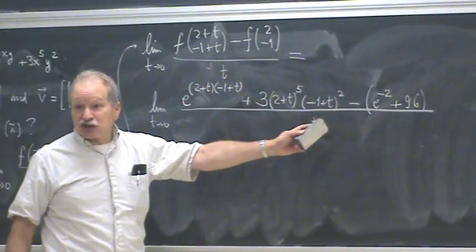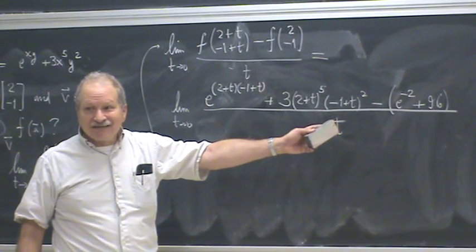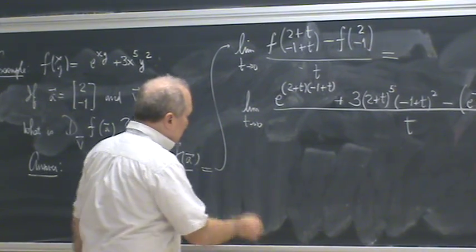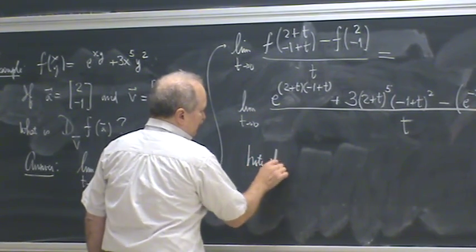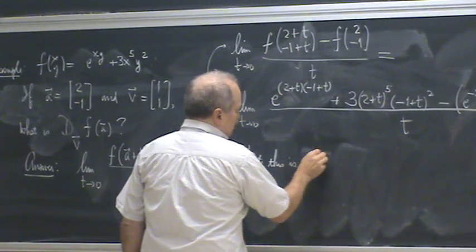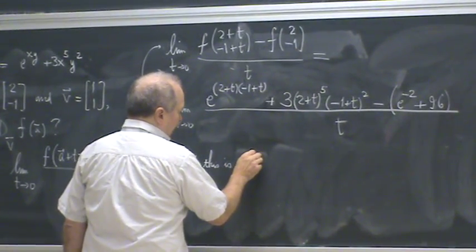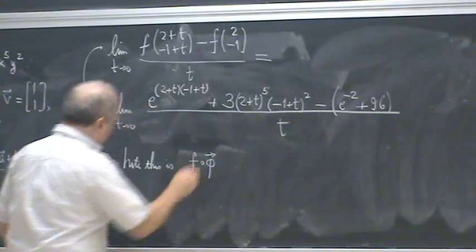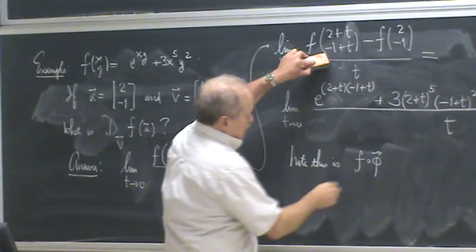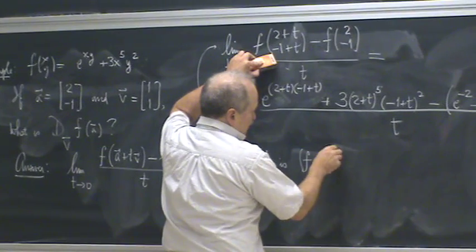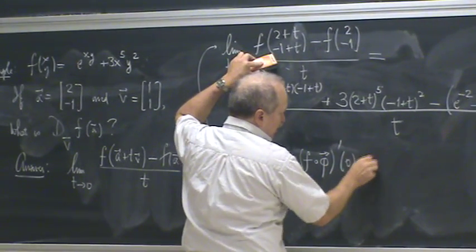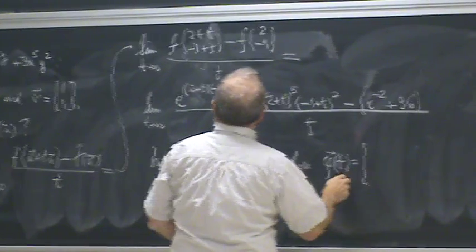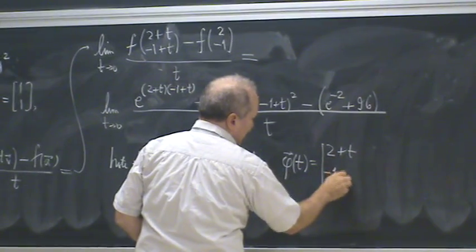Is this the derivative of some function of t? Yes. Do we have a better way to take the derivative? So if I take f and I compose it with the function that's parameterizing the line, and then take the derivative at t equals 0, I'm doing this exact thing, am I not?